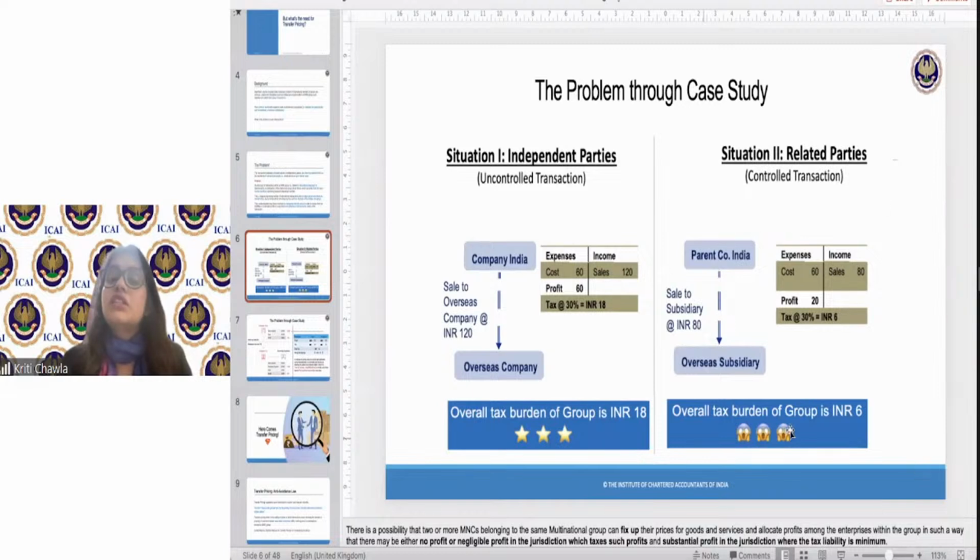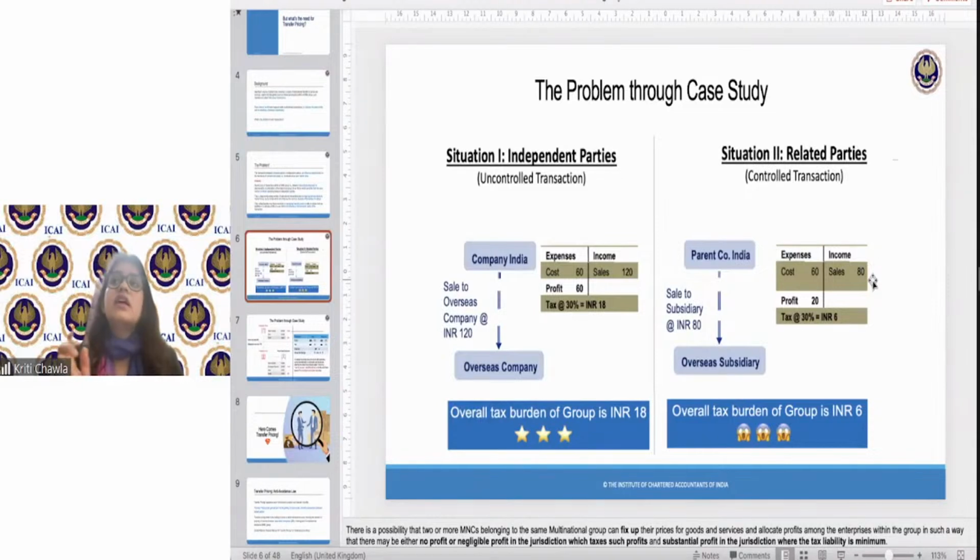In independent situations, they transacted at 120. So you should have also transacted at 120, and not at 80 rupees. That 120 rupees is called the arm's length price. The price at which independent parties are also transacting is basically called the arm's length price.